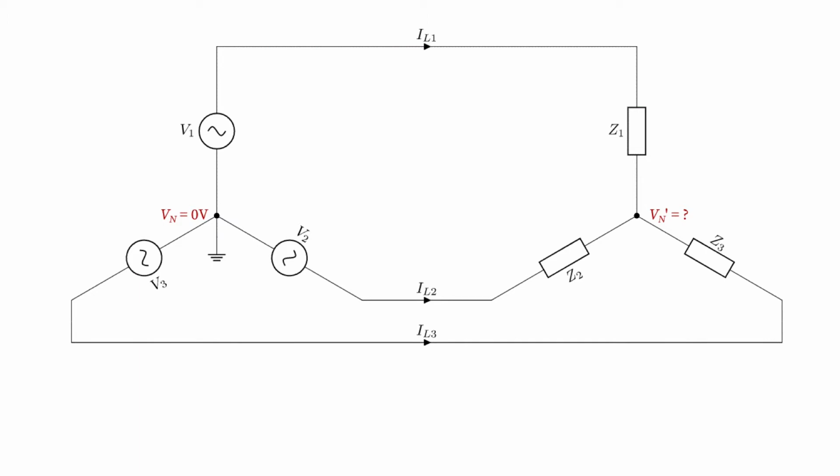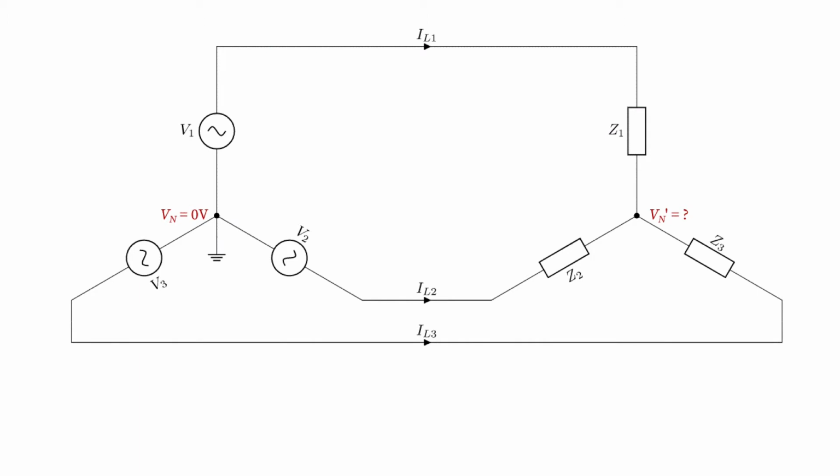It wasn't current carrying anyway. There was no potential difference to begin with, and so we can assume that the voltage is consistent at the neutral point. We have 0 volts at the source and at the load. So in other words, if it's balanced, our system is unaffected by the removal of this neutral wire.